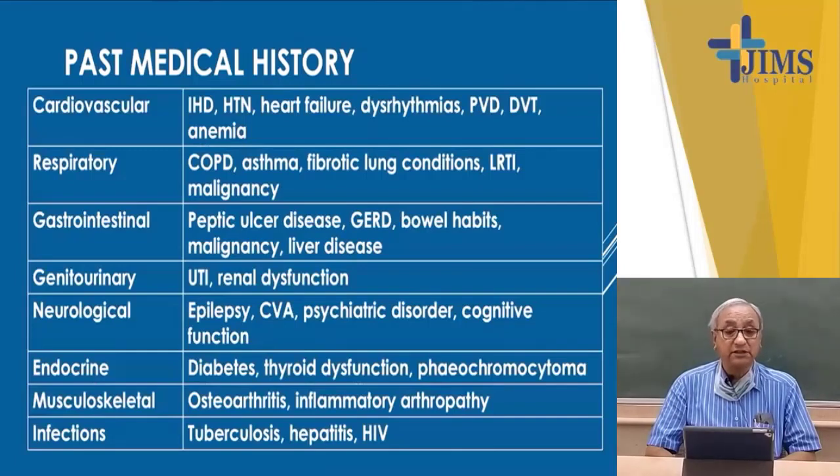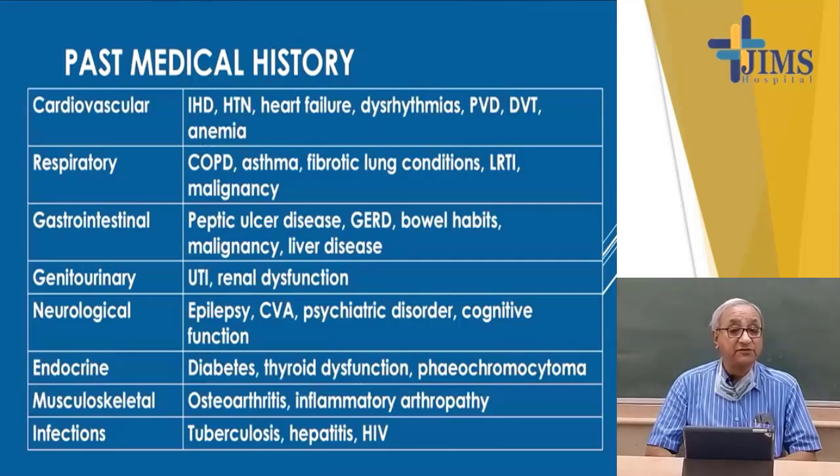In neurological system, the patient can have a history of epilepsy, may be on drugs or may not be on drugs. CVA, that is cerebrovascular accident, patient can be psychotic, or patient can have a cognitive dysfunction. In endocrine system, patient can have diabetes, thyroid dysfunction, pheochromocytoma.